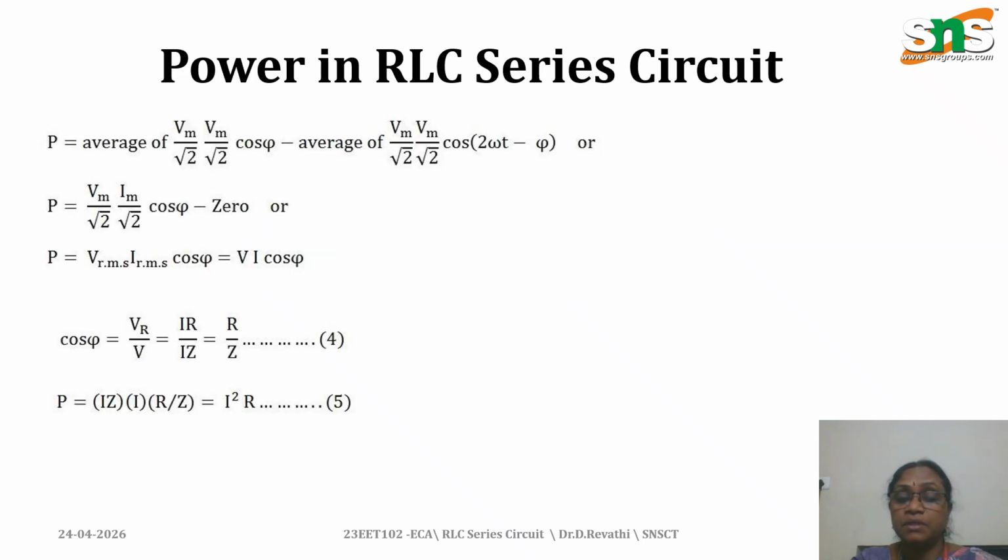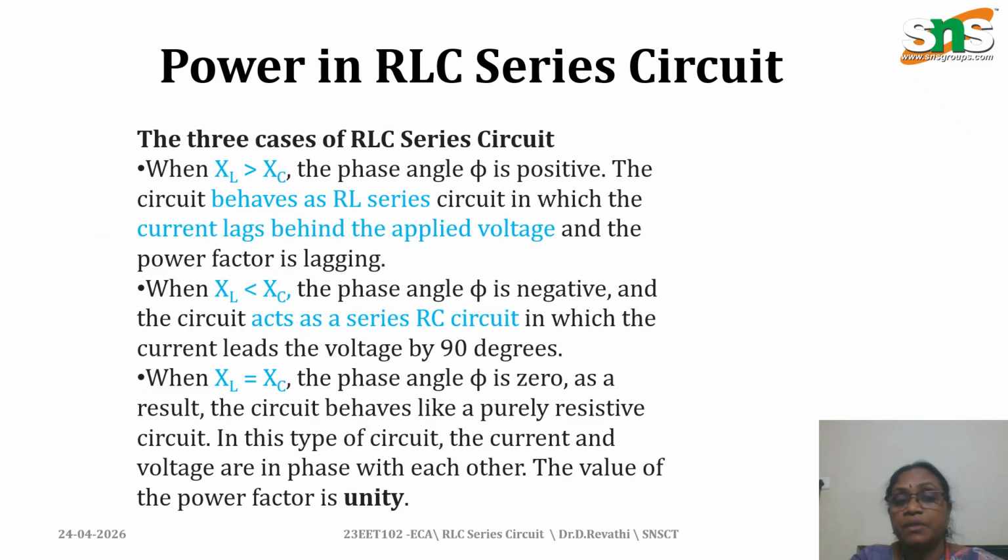Power is the same as we discussed in RC and RL. P is equal to VI cos phi, and P is equal to I squared R. When XL is less than XC, the circuit acts as an RC series circuit. When XL is equal to XC, the phase angle is 0, and it is considered a pure resistor.